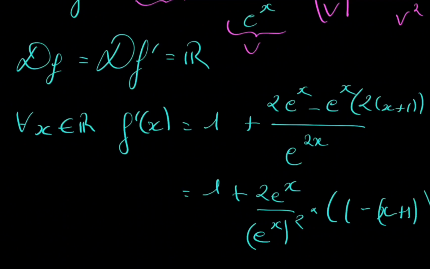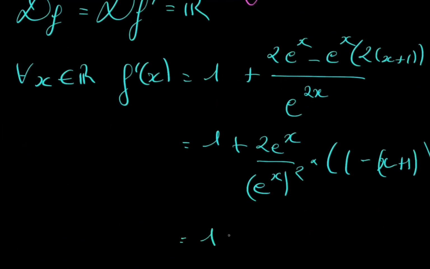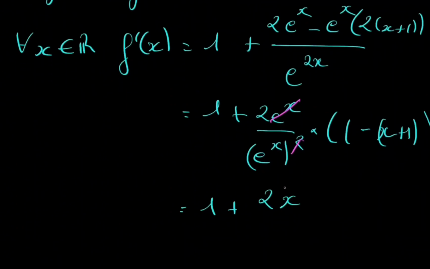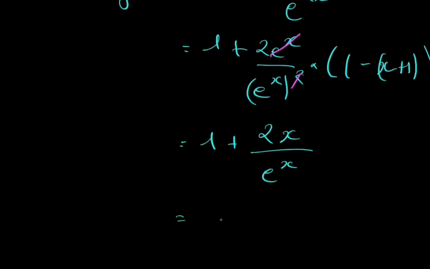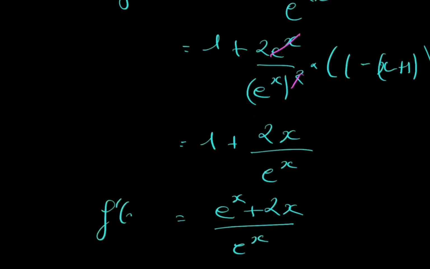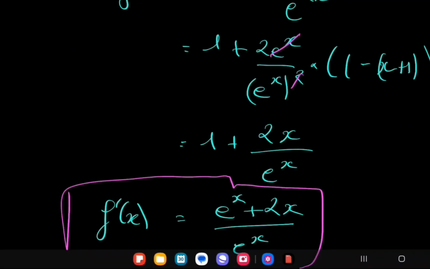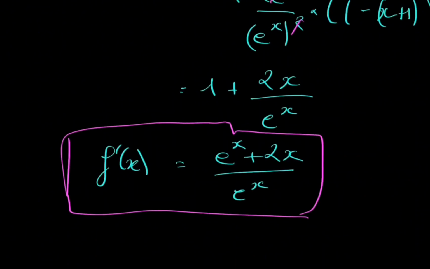Okay, so you've got 1 plus, let's simplify, 2 minus 2x minus 1 over exponential of x, which is equal to 1 plus (1 minus 2x) over exponential of x. f prime of x is equal to this whole thing. Did we make any mistakes?